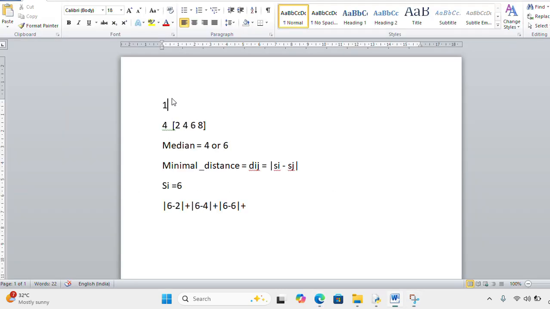Here, suppose I have taken 1 as the number of test cases and 4 as the number of relatives, and these are the street numbers where these 4 relatives live. In this we can see that the count of street numbers is even, so the median may be 6 or maybe 4, we are not sure, but I have taken the median as 6 to find the minimal distance.